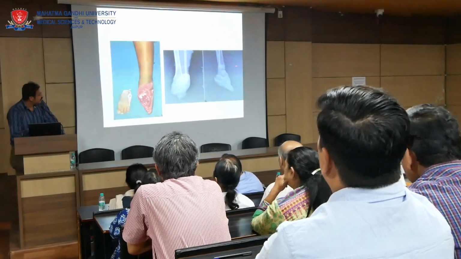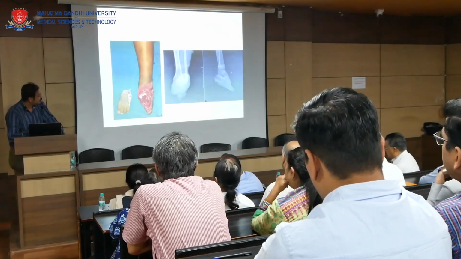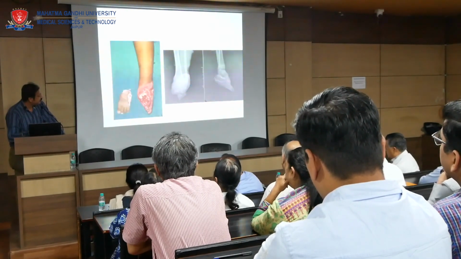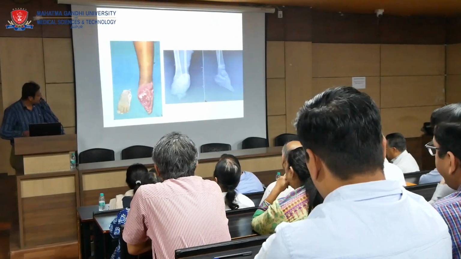And on X-ray we can see the amputation was at the mid-tarsal joint, with talus and calcaneum preserved along with part of the fifth ray.